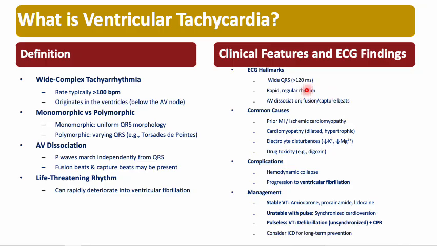So hallmark again for the ECG, wide QRS, which is usually above 100 or 120, rapid regular rhythm. There's some AV dissociation. Common causes include prior MI or some type of ischemic cardiomyopathy, dilated or hypertrophic cardiomyopathy.